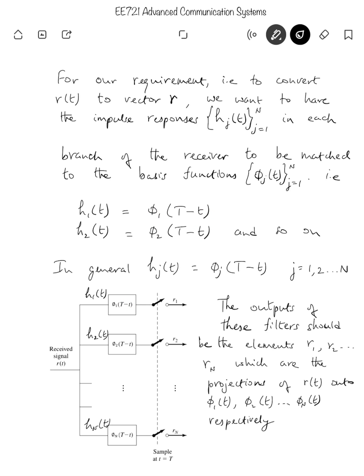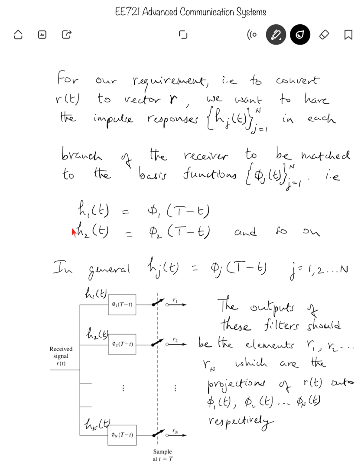If the first basis function is phi 1 of t, we have the time-reversed version phi 1 of minus t, and to make it causal we shift it by capital T to the right, so we get phi 1 of capital T minus t. That's the impulse response for the linear filter in the first branch of the receiver.